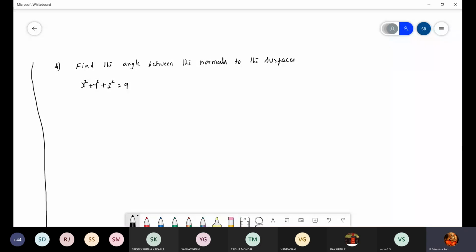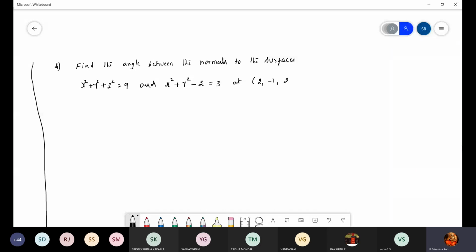And another surface is x square plus y square minus z equals 3, at the point 2 comma minus 1 comma 2.